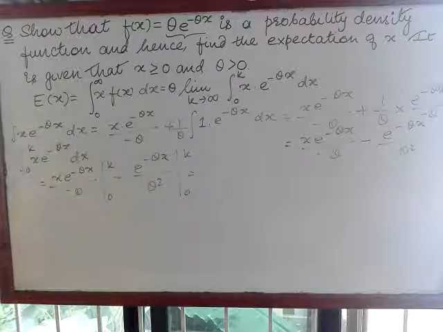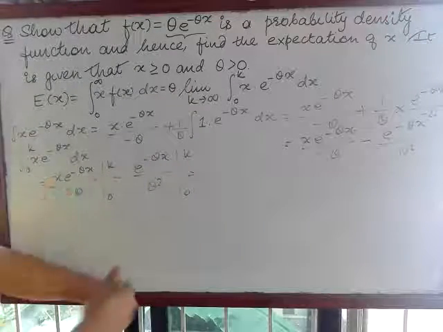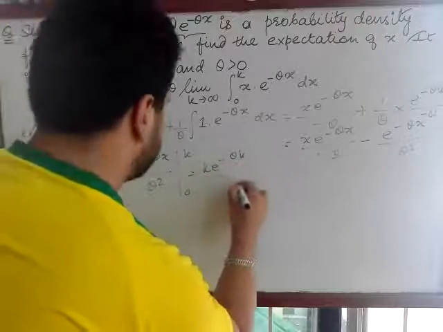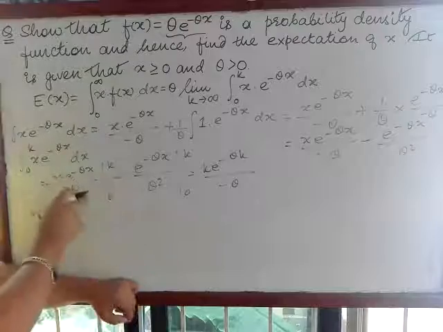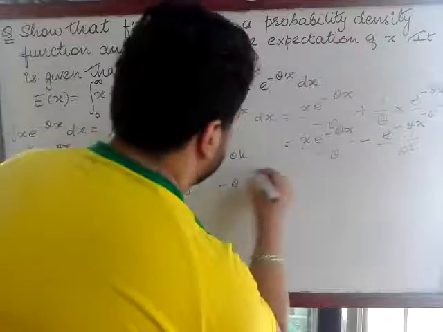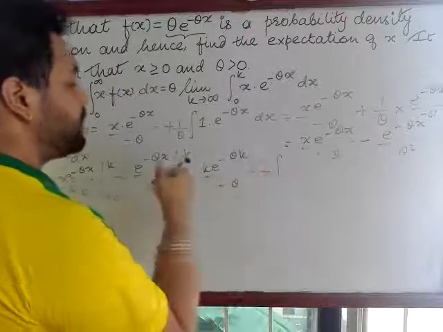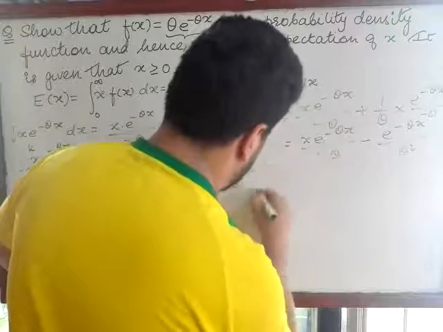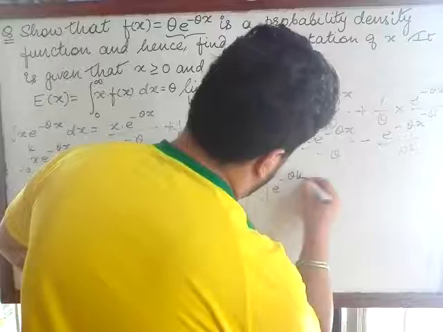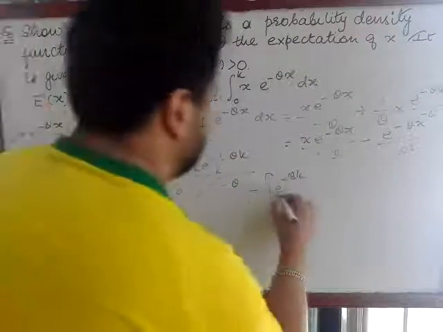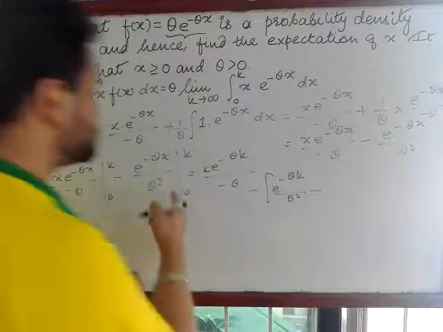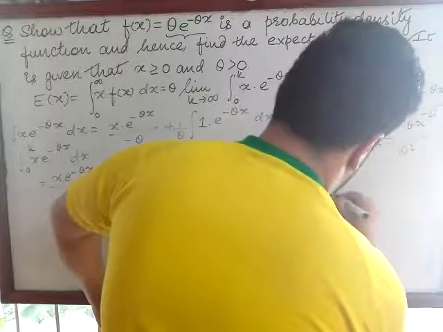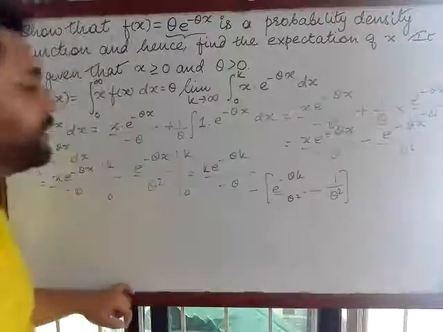If we plug in k, we are going to get e to the power minus theta k over minus theta, and if we plug in 0, we're going to get 0, so let's leave it. Minus, if we plug in k, we're going to get e to the power minus theta k over theta squared, minus, if you plug in 0, we're going to get 1 over theta squared.